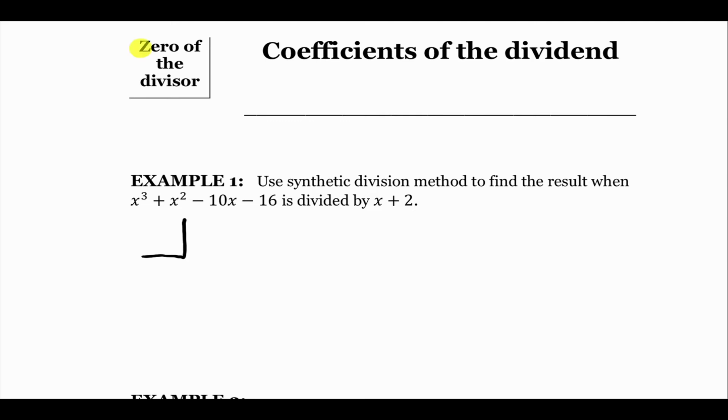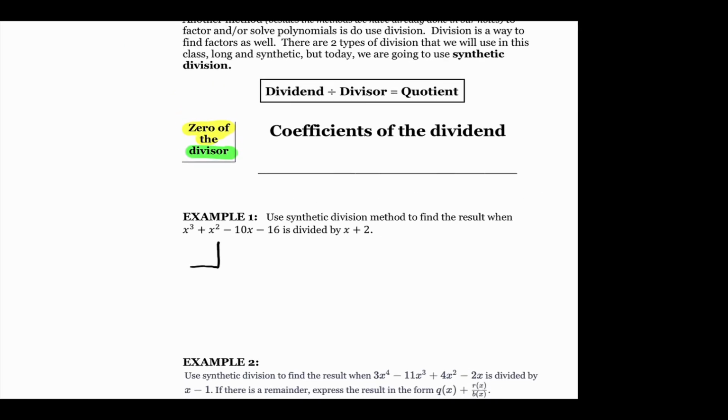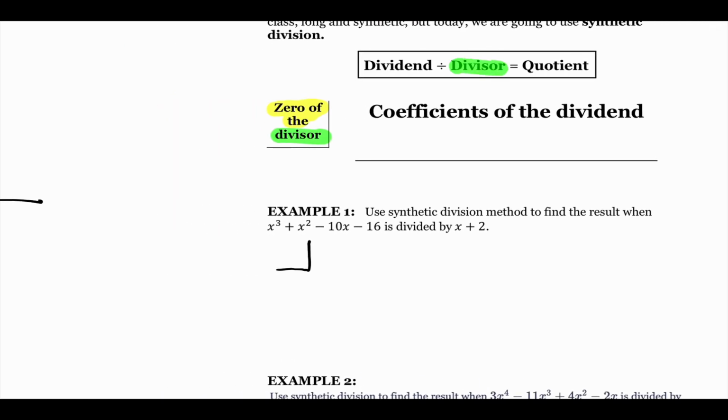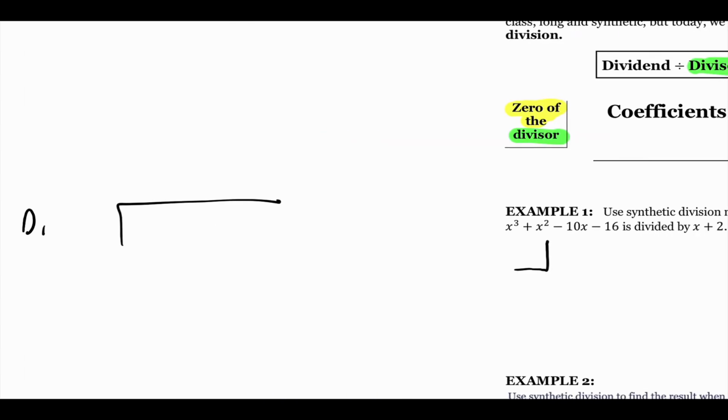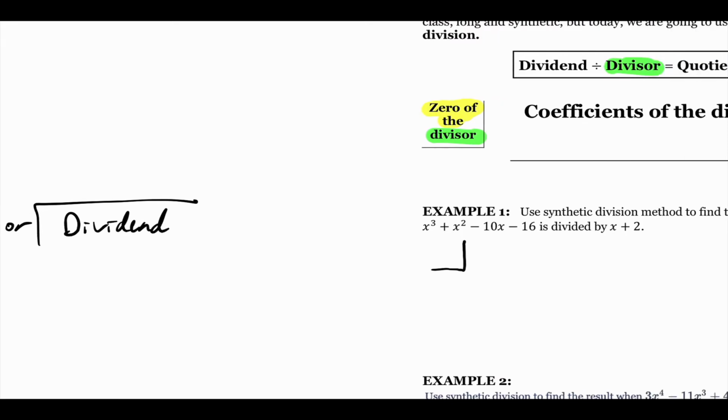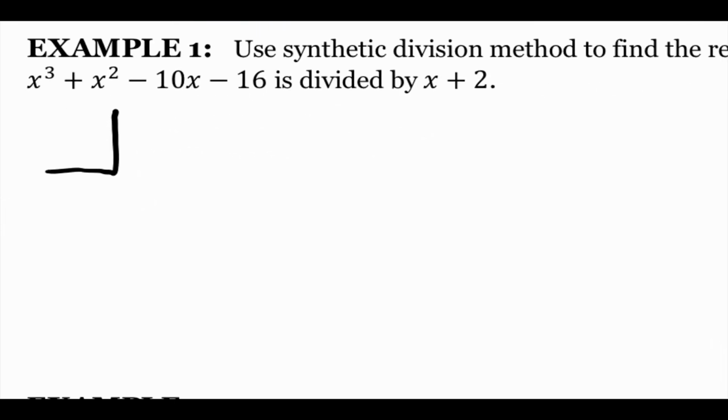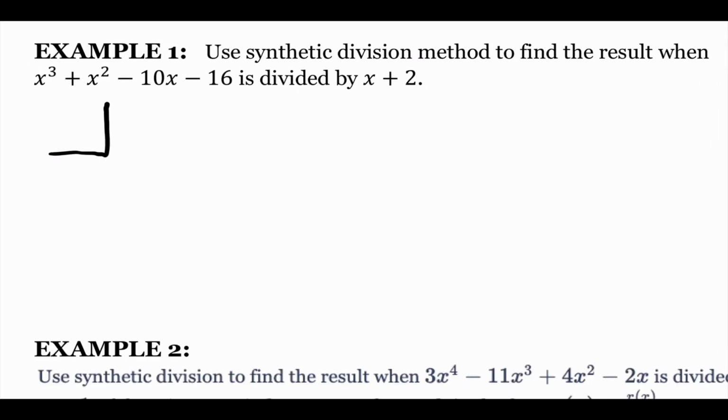What goes in there is the 0 of the divisor. So what's the divisor? The divisor was the second guy, the guy that went in the front of the house. The divisor was this guy out here. The dividend was this guy here. Okay, so let's look at this now.